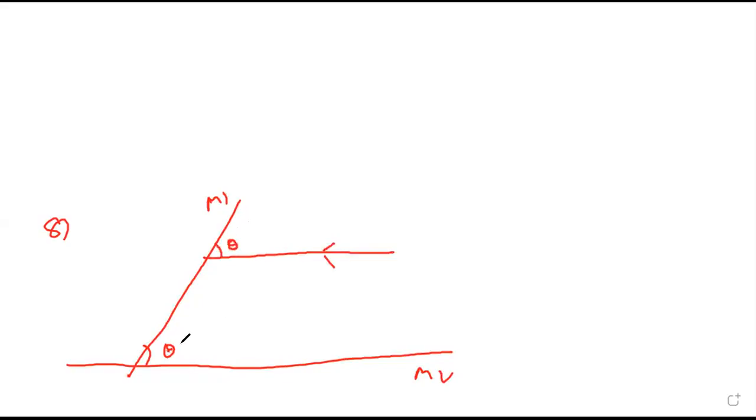Parallel means these are corresponding angles. If you draw the normal perpendicular to this surface, what will this angle be? 90 minus theta. So this has to be theta.